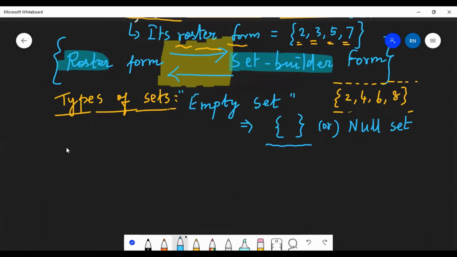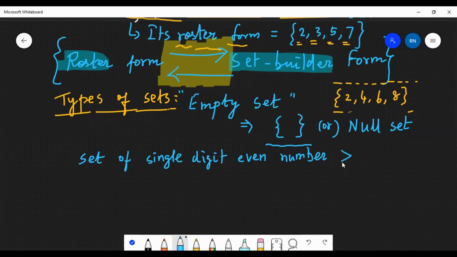For example, just for fun, can we talk about, let us say, the set of single digit even numbers greater than 10.